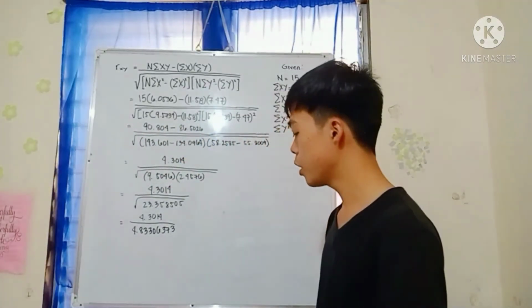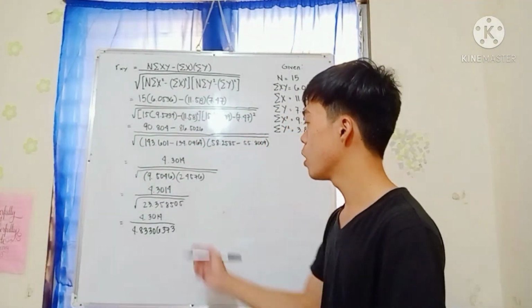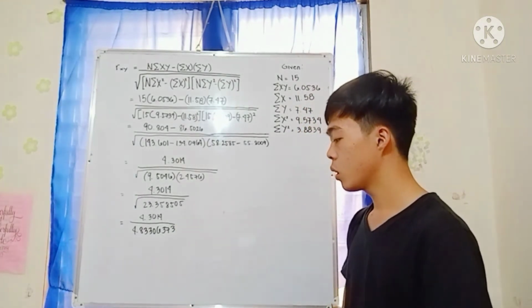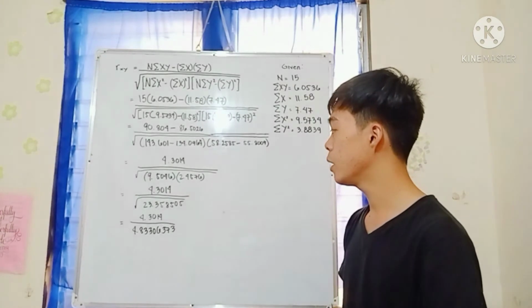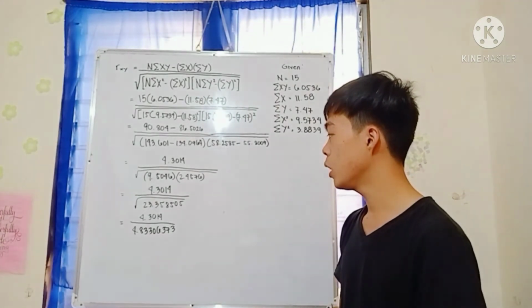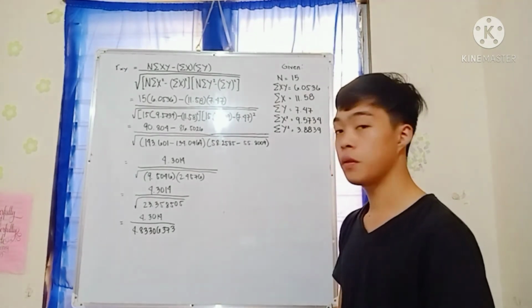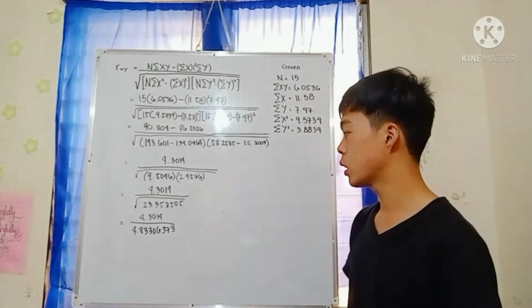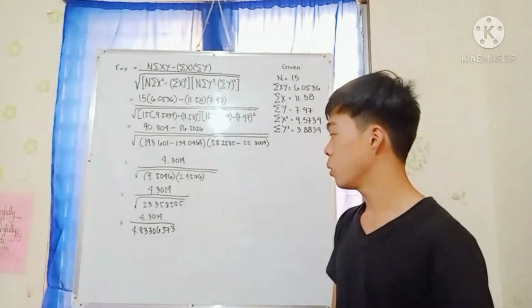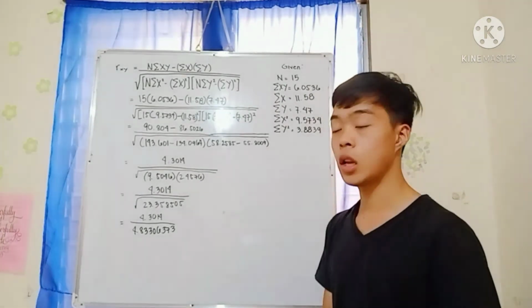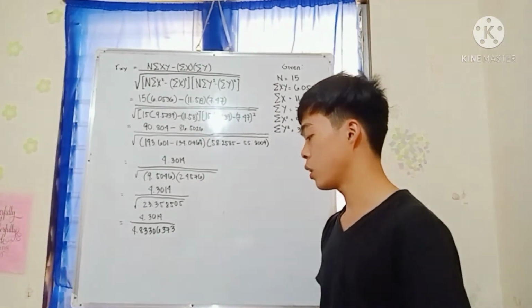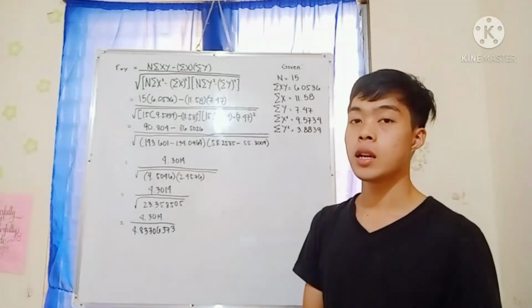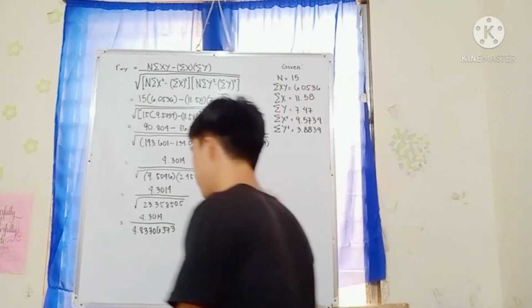So after we get the square root of 23.358505, we will now divide 4.3014 by 4.83306373, and we will get the correlation equal to 0.889994.